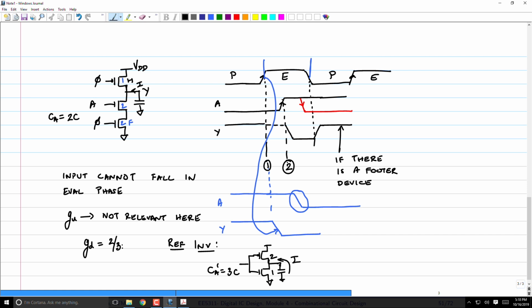Then I can do away with the footer device. So what will be the logical effort in that case? 1 by 3, exactly. So without footer device, GD is 1 by 3.